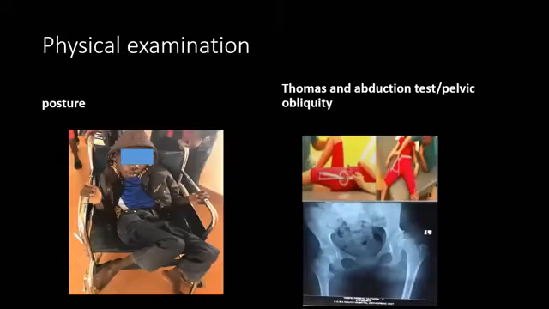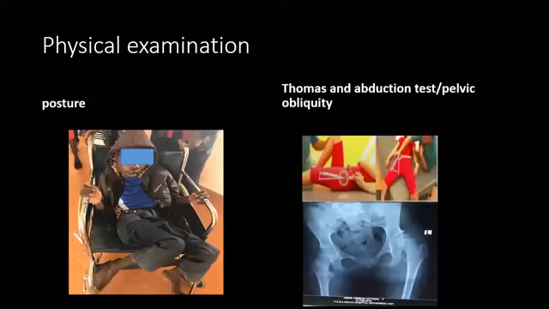Physical examination, as usual, starts with looking at posture. If you look at that photo of that child in a wheelchair, the knees are flexed, the hips are also flexed, and the child has a very poor sitting position. That, of course, tells us the vertebral column is also in scoliosis. Pictorial presentation of the test, we have alluded to the Thomas and abduction test.